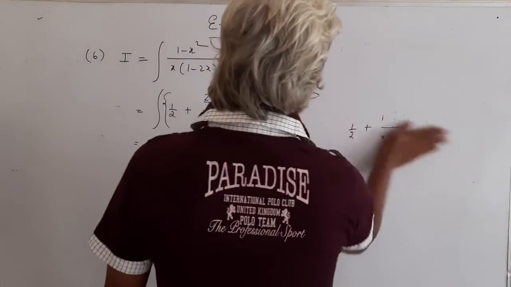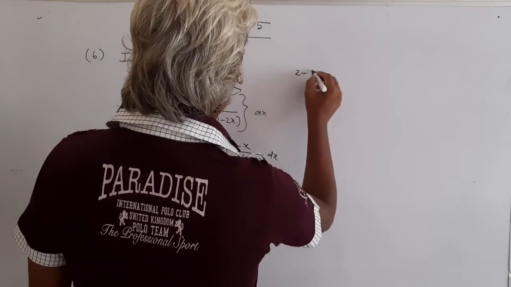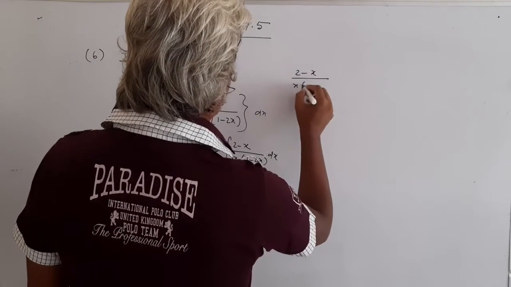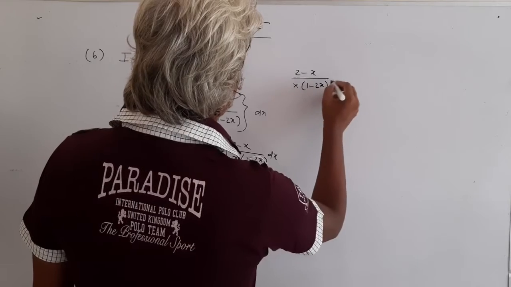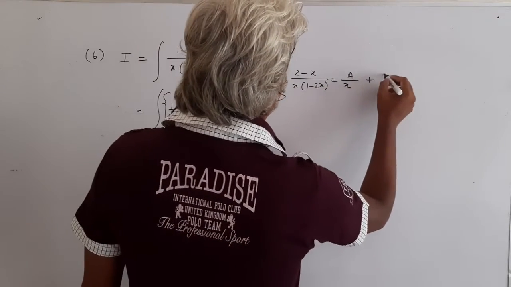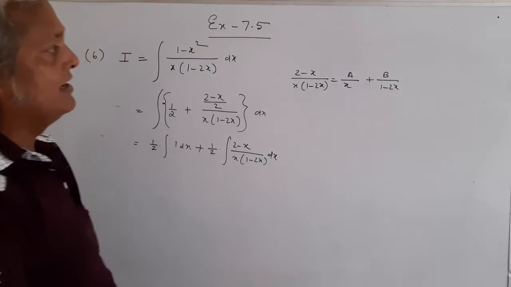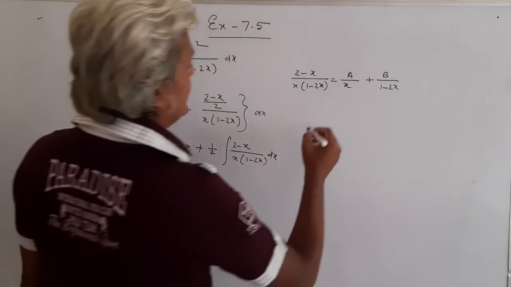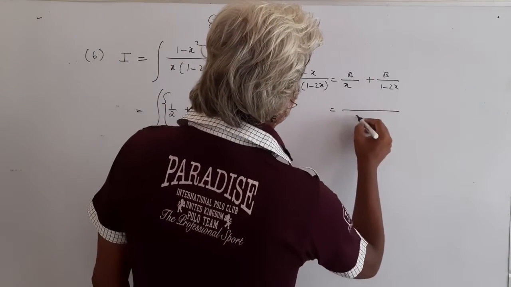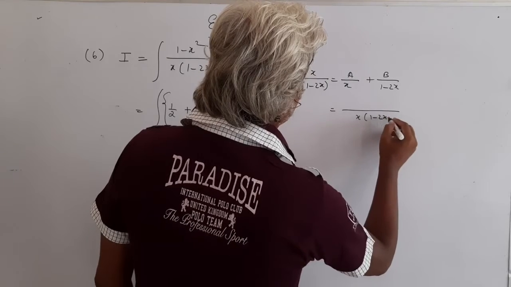So first let me remove this part, and I write (2 minus x) over x(1 minus 2x) as a over x plus b over 1 minus 2x. Clear? So now I take the LCM as usual. This is x and this is 1 minus 2x.